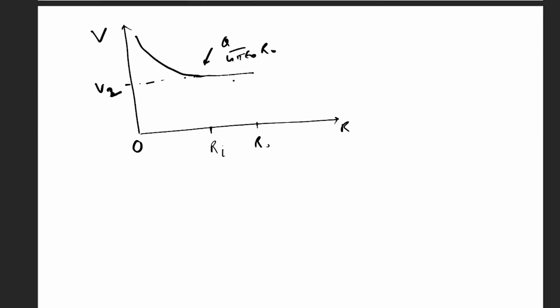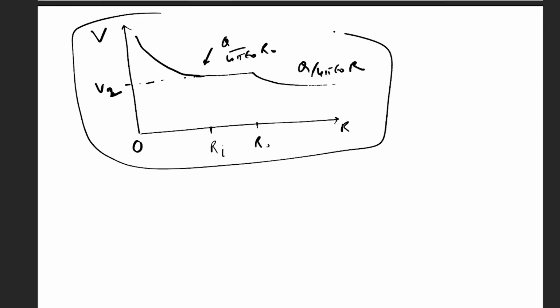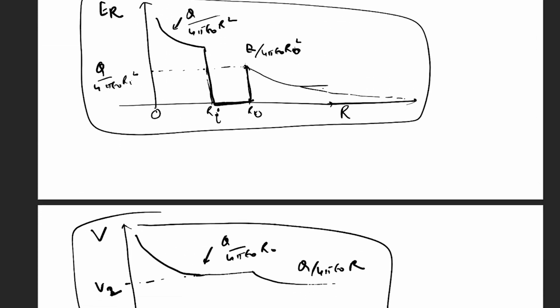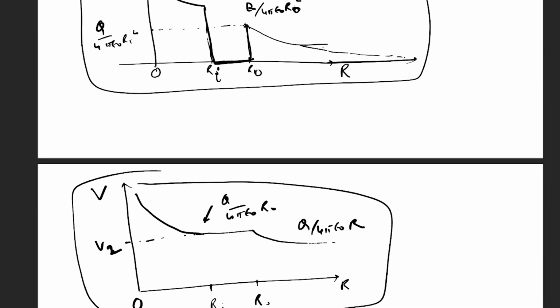I think it was V2 in our expression. And then it will decay again with Q by 4 pi epsilon naught R. So in this way you can see that the potential is continuous at all these 2 points. The potential is continuous, but the field has a jump discontinuity. Any jump discontinuity in the potential would mean that the field is infinite, and that cannot be possible unless we have a charge there. So in this way, you can see that the potential is going to be continuous, not the field.